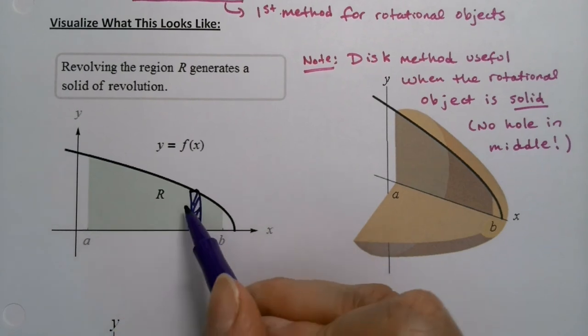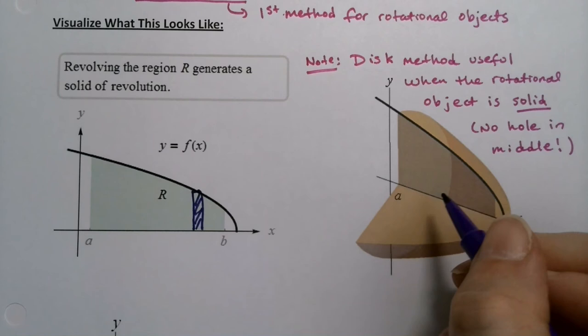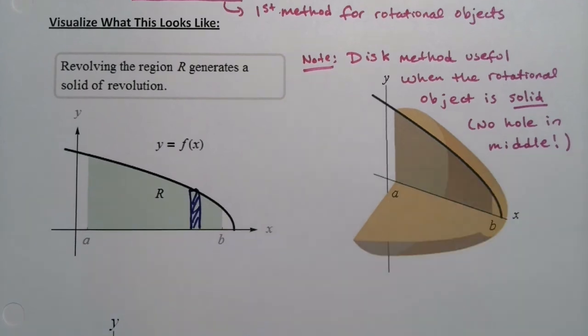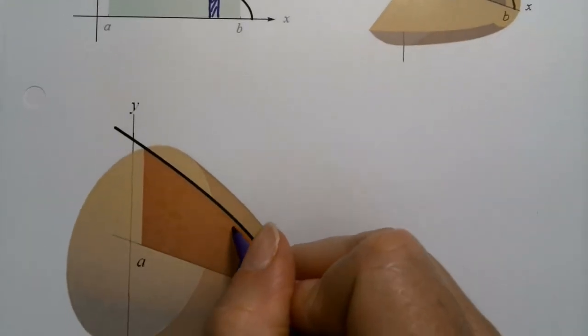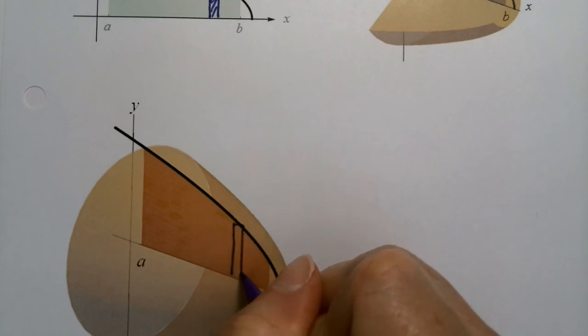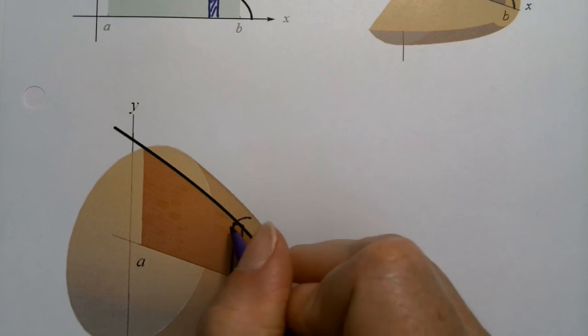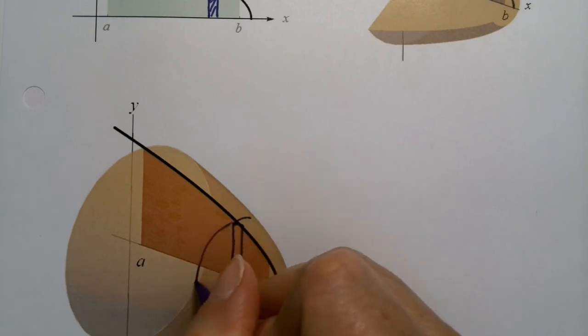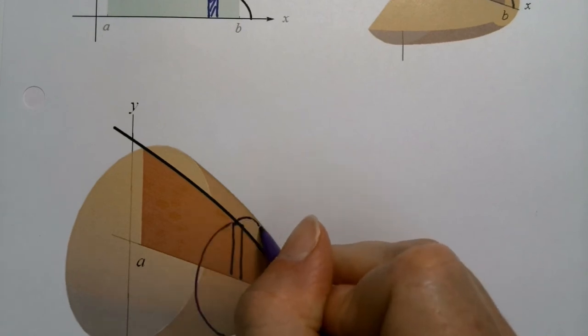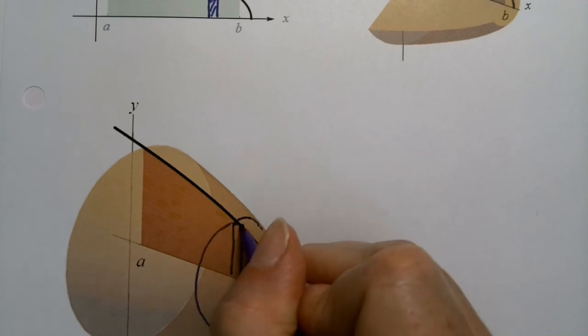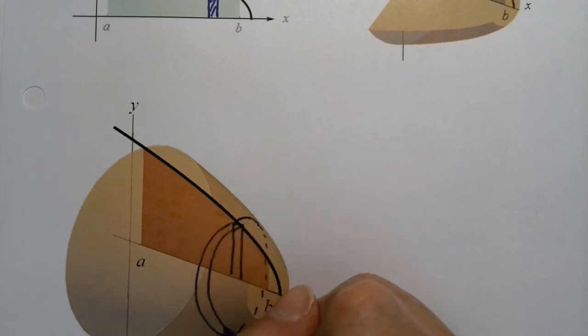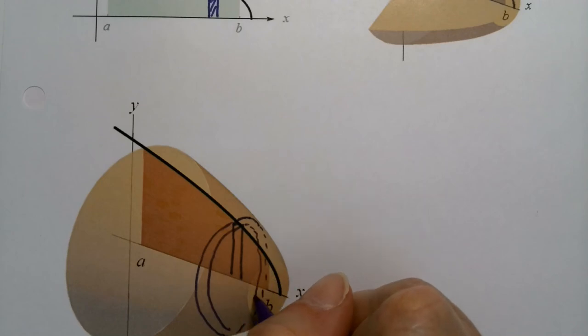Take that piece, now rotate that piece around, and what it does is it forms a disc inside. So you take that and you rotate it around, it's going to form a disc inside. That's why it's called the disc method.